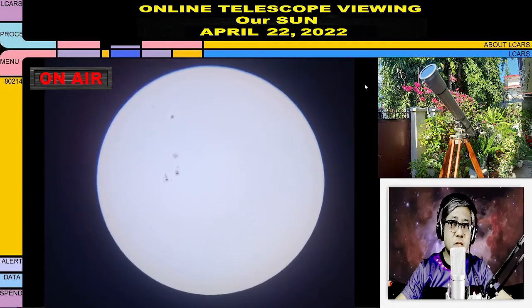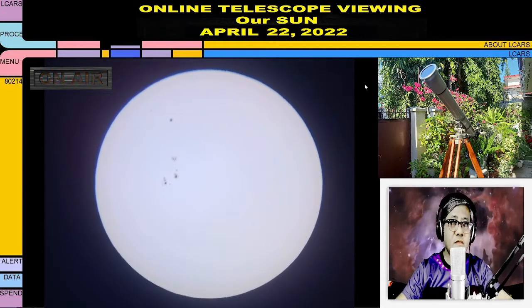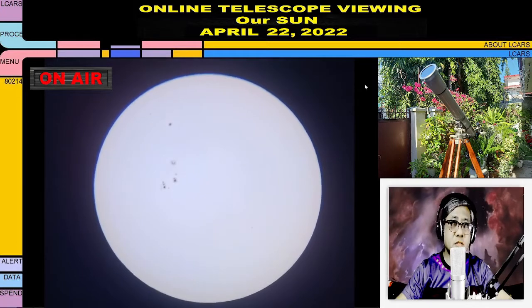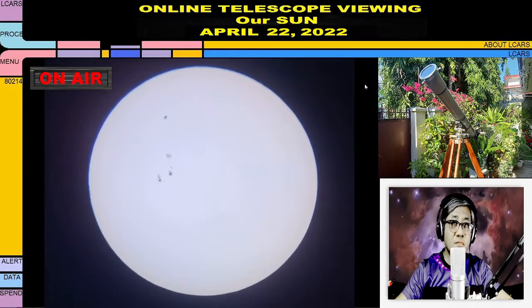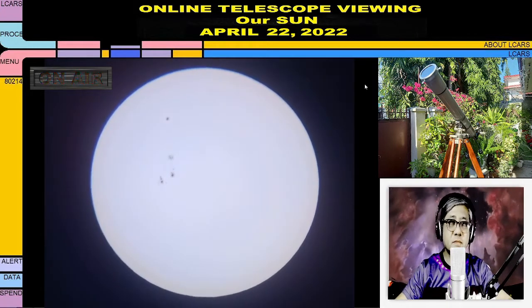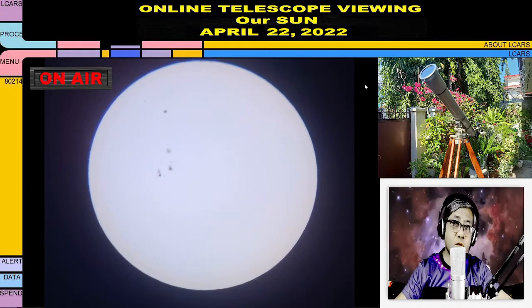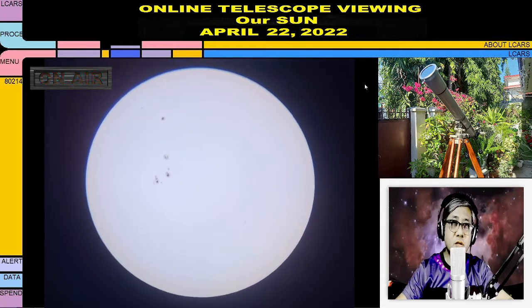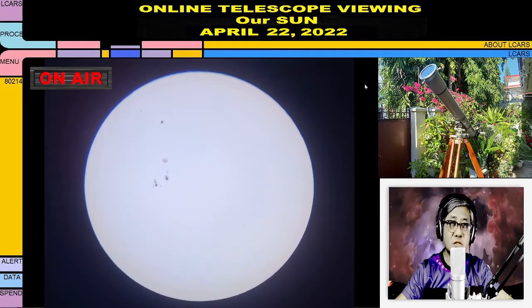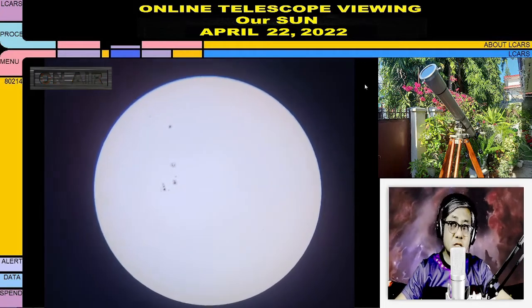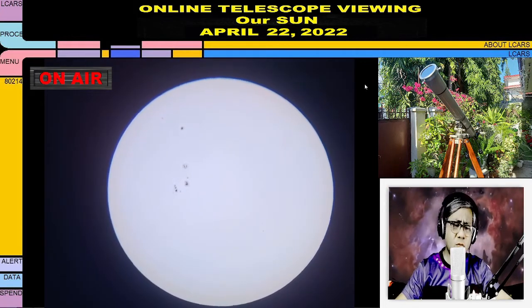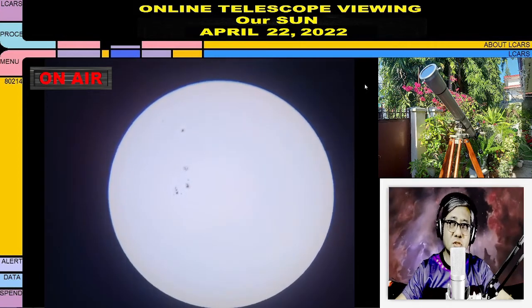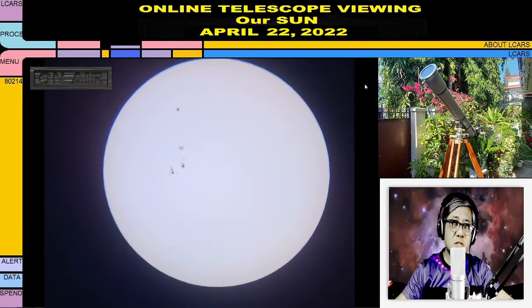The powerful magnetic fields in the vicinity of sunspots produce active regions on the sun, which in turn frequently spawn disturbances like solar flares and coronal mass ejections. Now, baka tanungin po ninyo mga ka-spacers, ano yung coronal mass ejections or CMEs?